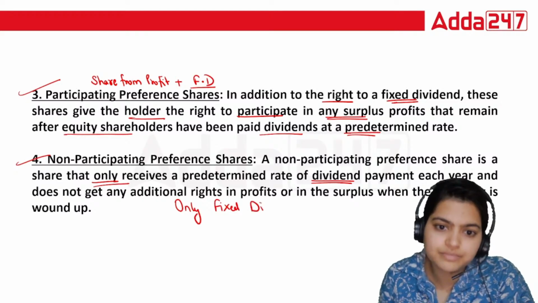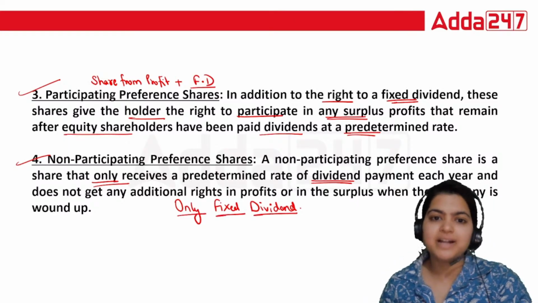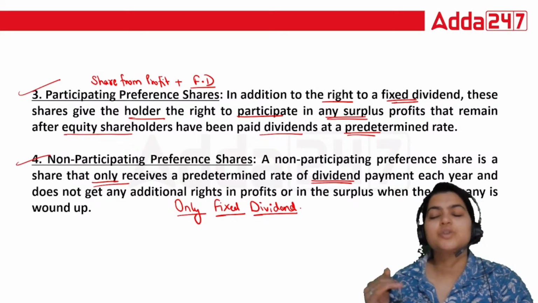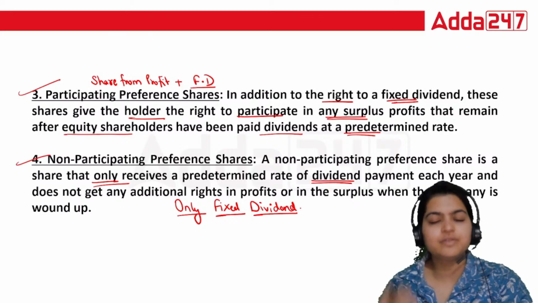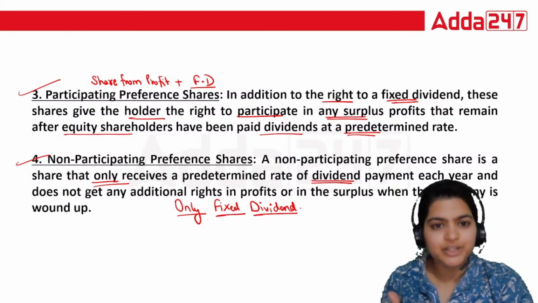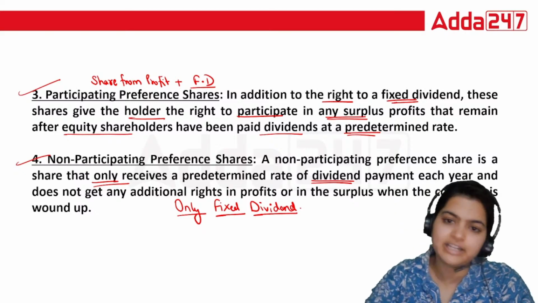So basically, you have first cumulative, then non-cumulative, then participating, and then non-participating, in which you will be receiving only and only a fixed dividend.